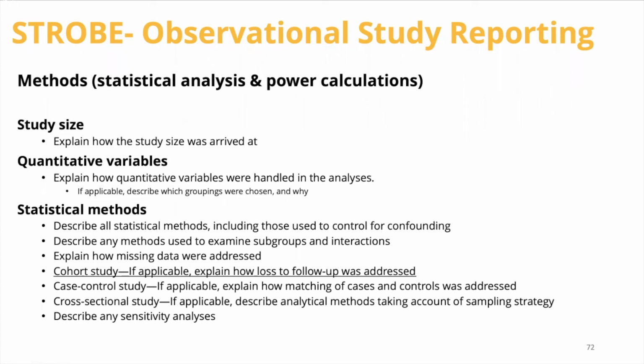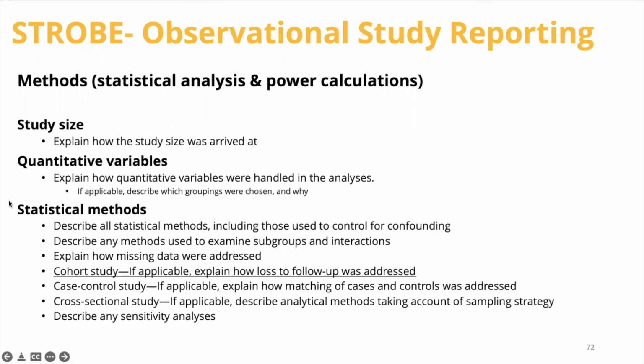So, in the methods section, what you really want to do is explain how your study size was arrived at, how you measured all of your variables, and how they were handled in the analysis. So, did you model variables as continuous or binary or categorical variables? That's really important to explain.